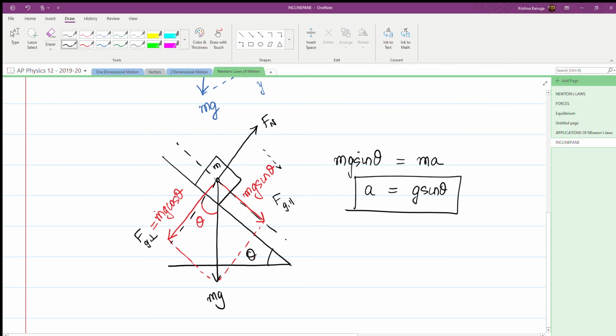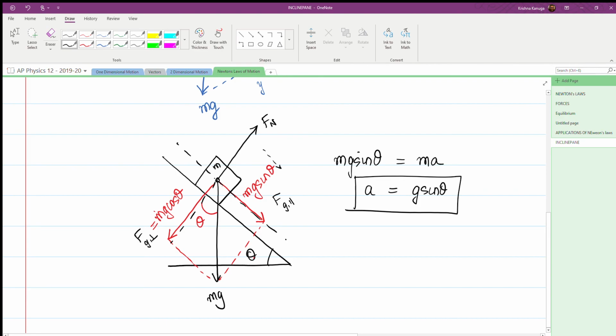Let's explore this a little bit. If the angle of inclination is decreased, sine theta would decrease. When the angle of inclination is 0 degrees, which is when the plane is horizontal, sine of 0 would end up being 0. Use your calculator and check that out.